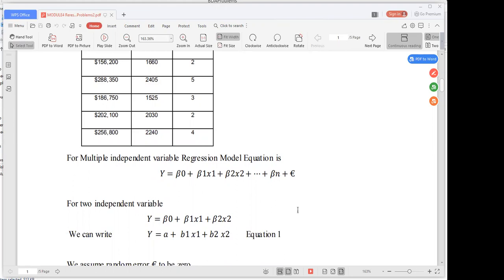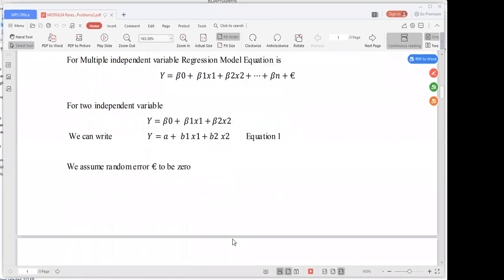For two independent variables, I can write y is equal to beta naught plus beta 1 x1 plus beta 2 x2. This x1 and x2 is actually not variance, it is just written as an independent variable. So I'm writing y is equal to a plus b1 x1 plus b2 x2, where we assume epsilon to be 0.